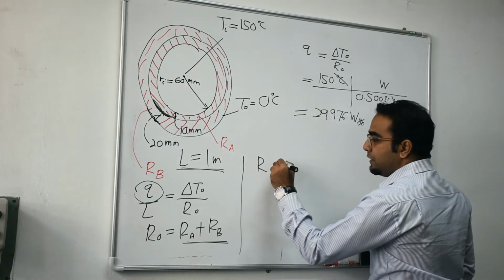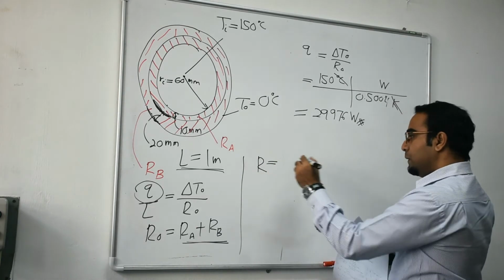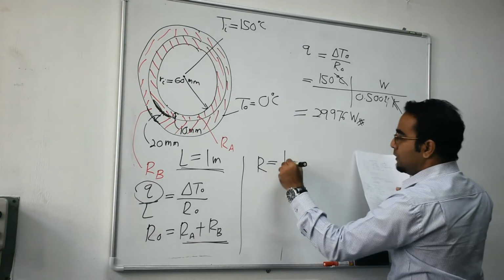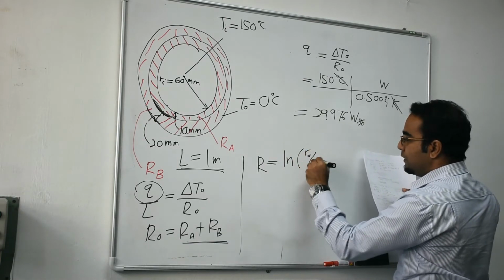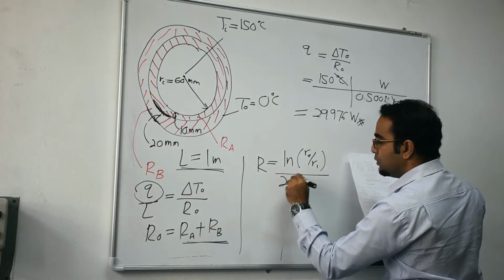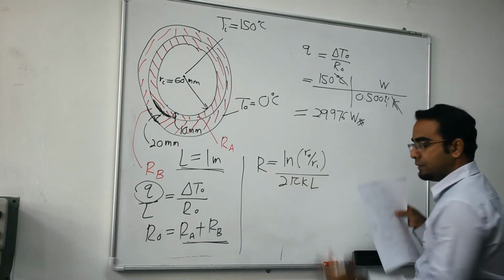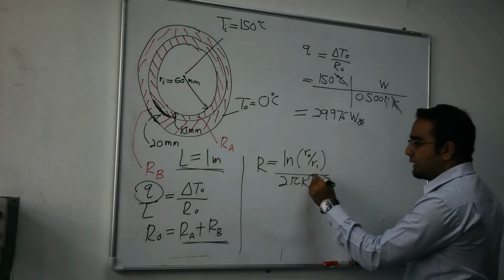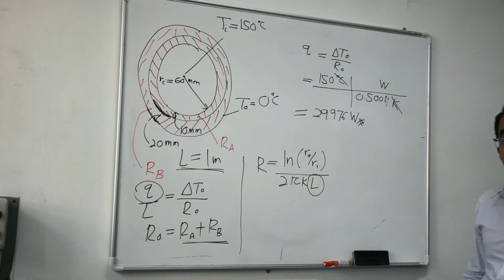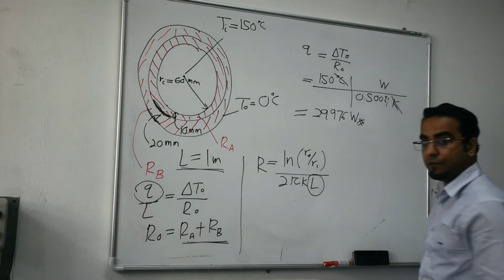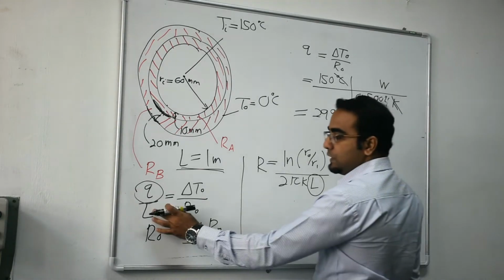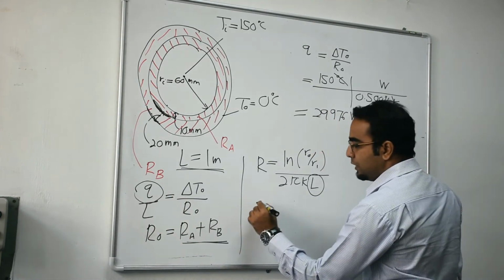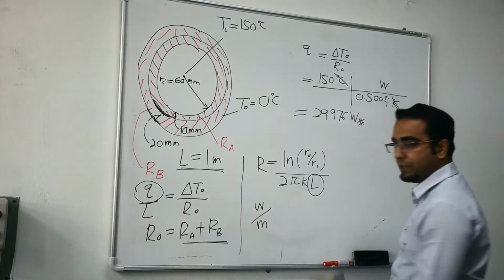So you have the general equation of R is equal to ln RO over Ri over 2 pi k L. Okay, so this is the general equation for R. So if the value of L is not given, in our example the value of L was given, but if the value of L is not given, then you will use this equation. Then your Q value will have a unit of watt per meter.